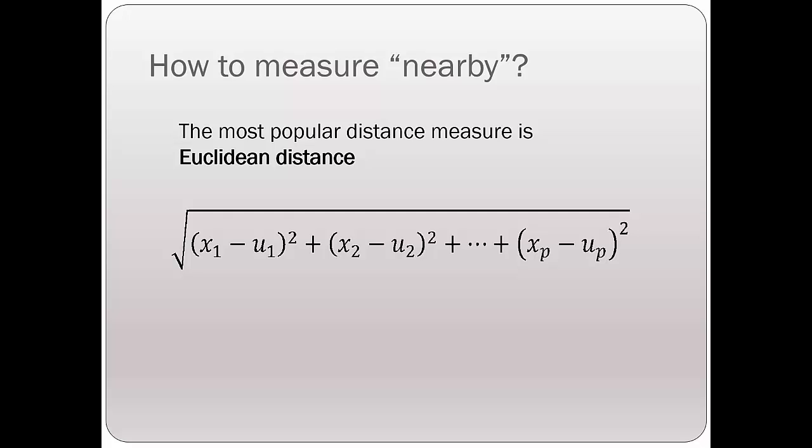K here stands for how many closest observations you're going to look at. So if you say I'm going to look at 3, then you look at the 3 closest observations and see which class these 3 belong to, and then the one that has the most. Okay, so if there are 2 classes, if all 3 belong to 0, then you classify as 0. Or you conduct a poll, meaning what is the most frequent of the 3.